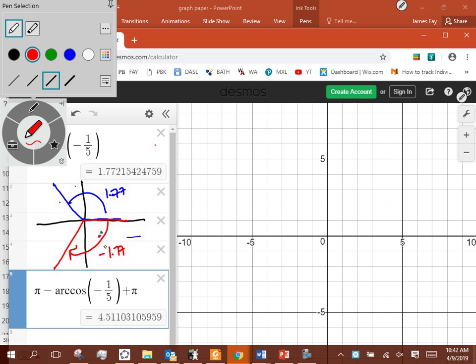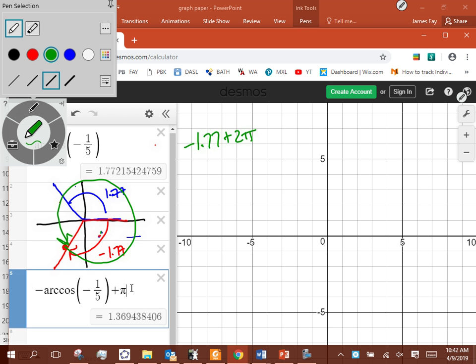So we don't like writing that as a negative radian. So I put myself there and say, how do I go from there and get all the way back to it? I take negative 1.77 and add 2 pi to it, right? Isn't that what this is doing? If I take those away, I give you negative 1.77. Add 2 pi to it, 4.5.